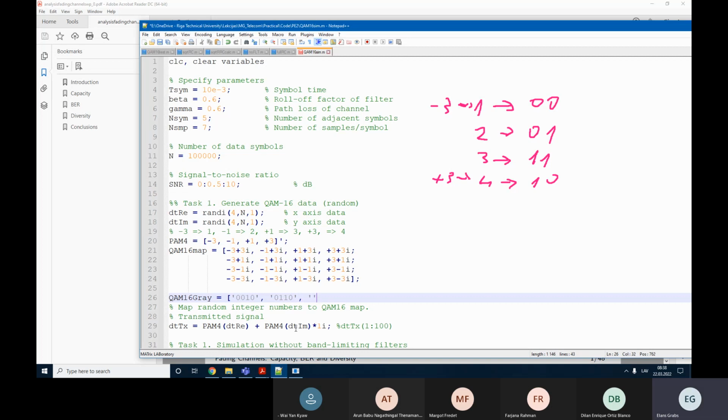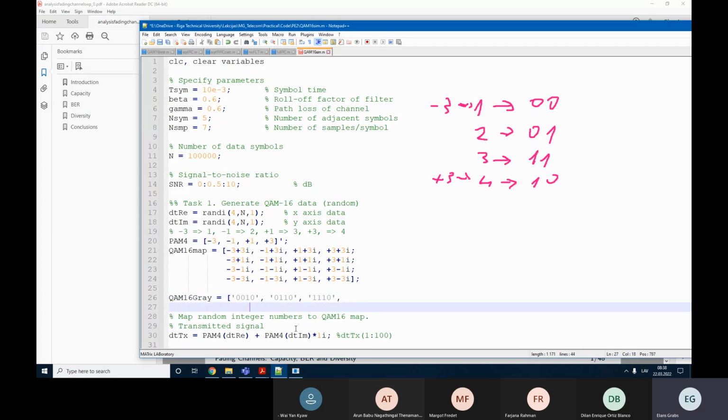Then it's going to be 11 and 10, and so forth. Then we start a new row, which basically repeats the first half, and the second part is slightly different each time.